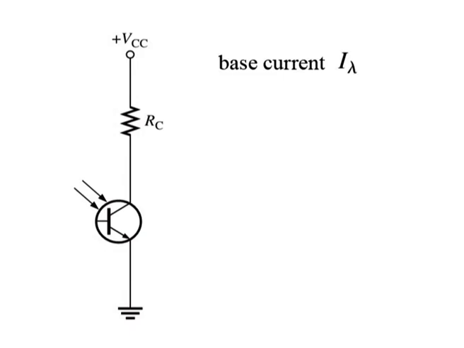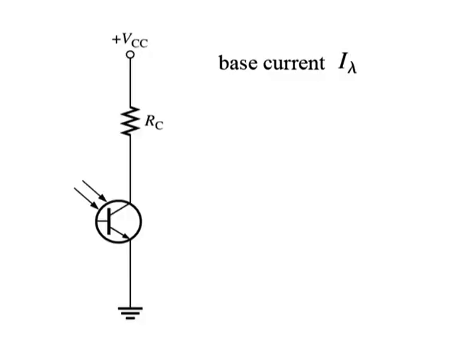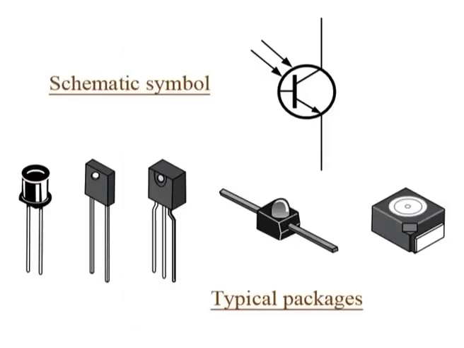This action produces a collector current that increases with Iλ. Except for the way base current is generated, the phototransistor behaves as a conventional BJT. In many cases, there is no electrical connection to the base. The relationship between the collector current and the light-generated base current in a phototransistor is as given by this equation. The schematic symbol and some typical phototransistors are shown here in this figure.